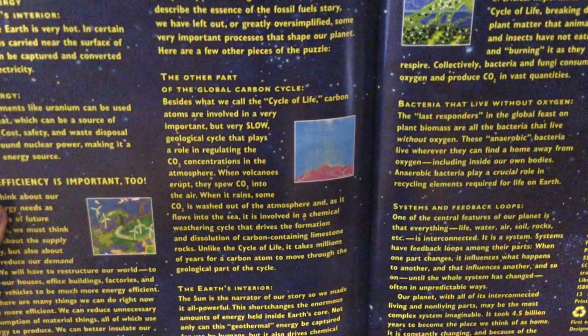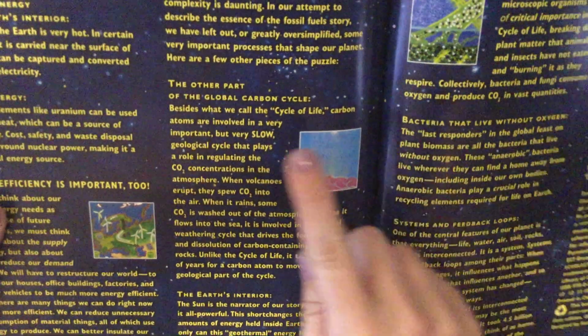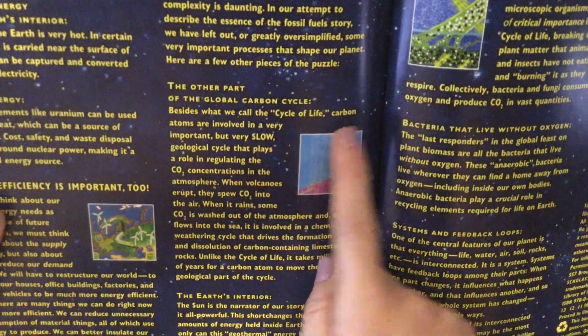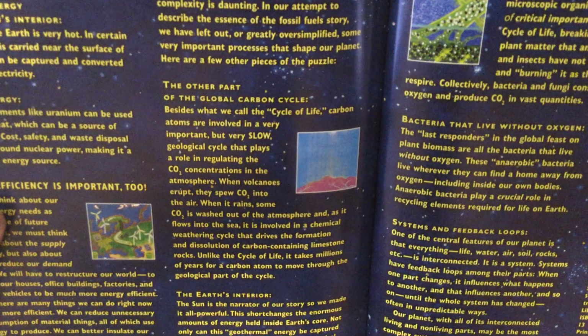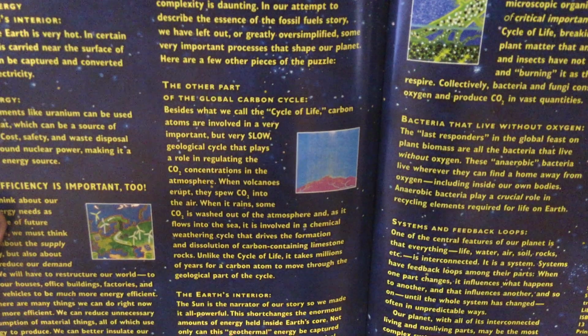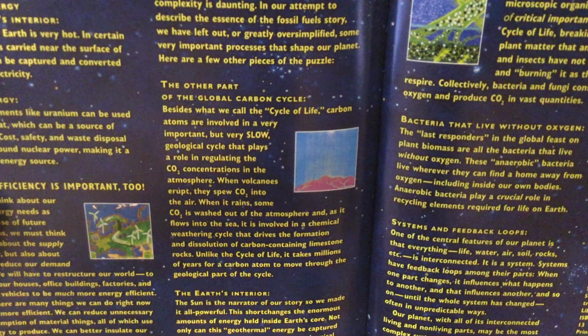The other part of the global carbon cycle. Besides what we call the cycle of life, carbon atoms are involved in a very important but very slow geological cycle that plays a role in regulating the CO2 concentrations in the atmosphere. When volcanoes erupt, they spew CO2 into the air.